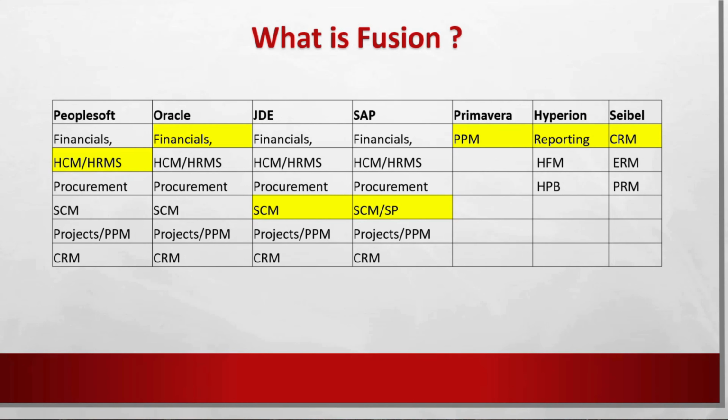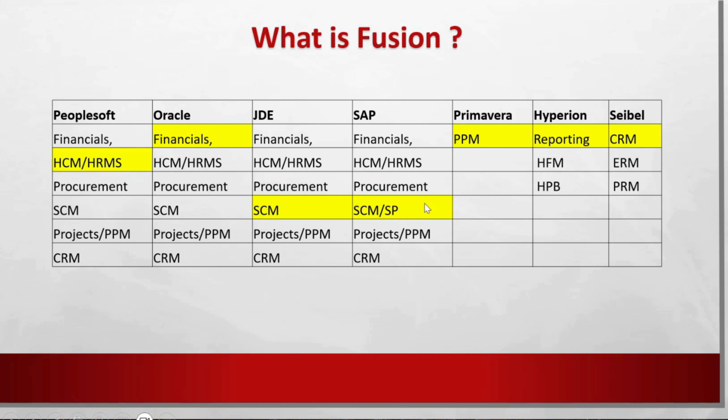Now, to remove this problem, Oracle has come up with Oracle Fusion applications. What did Oracle do here? Oracle acquired all the other vendors like PeopleSoft, JD Edwards, Siebel, Primavera, Hyperion, and various other ERP solutions to meet the client requirements effectively.